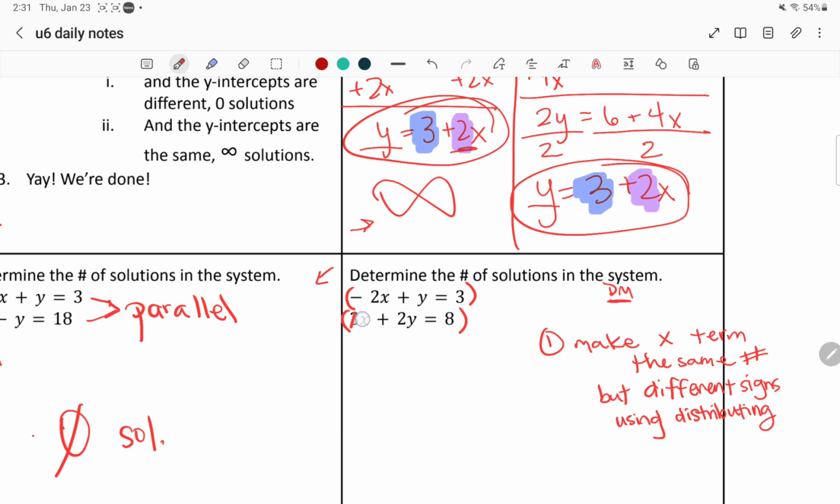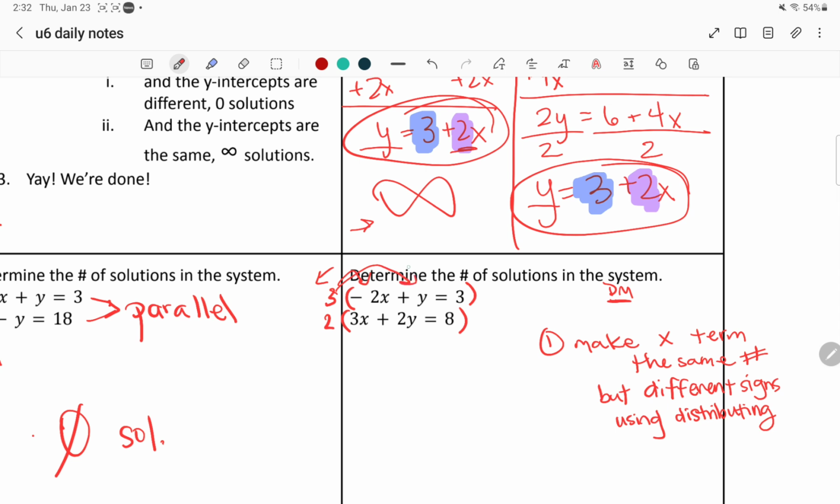Notice I already have one that's negative and one that's positive, so I don't need to mess with any negatives. But I know that 3 and 2 both go into 6, so I'm going to make them -6 and +6 respectively. -2 times 3 is -6, and 3 times 2 is +6.